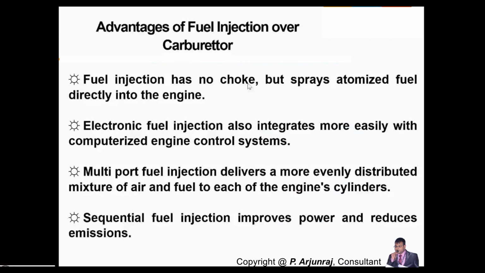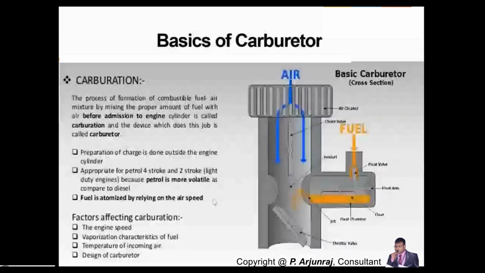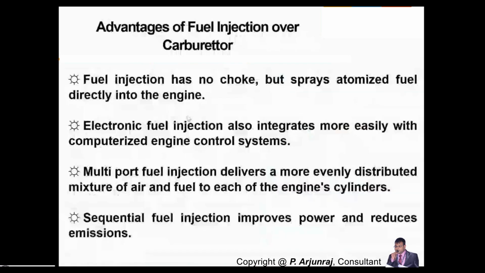Because the carburetor does not spray atomized fuel directly to the engine, you need the choke in order to have proper atomization before it goes to the engine cylinder. Whereas in the fuel injection system, the sprays are atomized in a proper manner before going directly to the combustion chamber.